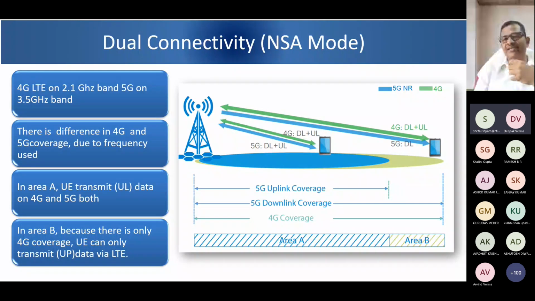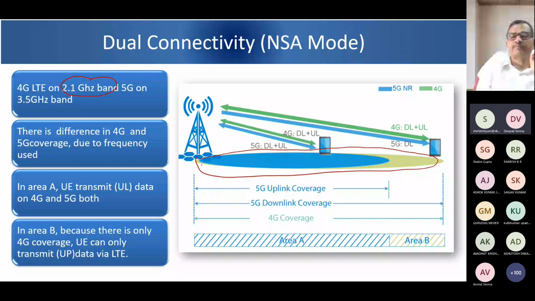And SA means you have 5G core and 5G radio. So in this example, for understanding, I have taken the example that suppose this tower has 4G and 5G base station both in an NSA mode, and 4G is on say 2.1 gigahertz band, right?